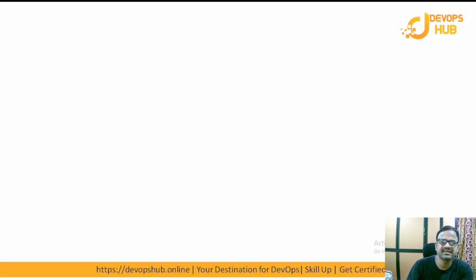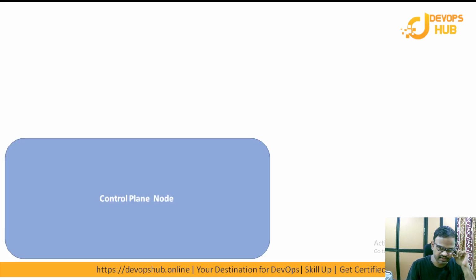So let's see the things at a high level, whatever we have discussed, how things are going to look. It's the control plane node. I already told you my Kubernetes cluster has 3 nodes, 1 control plane and 2 worker nodes. Worker nodes are the actual ones which deal with workloads.